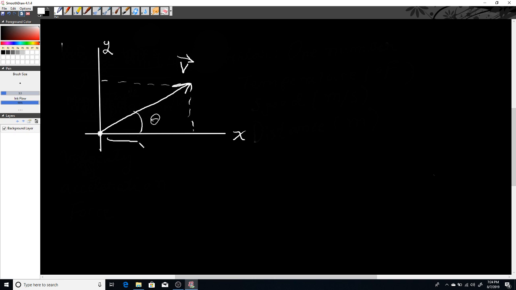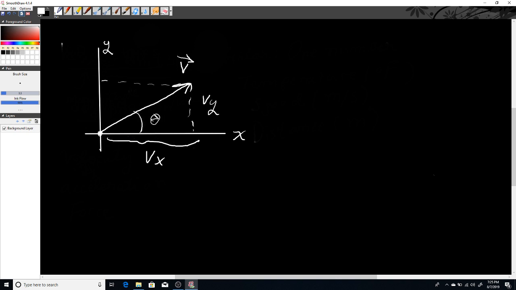Now, this vertical component we would call v of y. The components themselves are not vectors, they're just numbers. So here we have v of y, and here we have v of x. This is the x component.